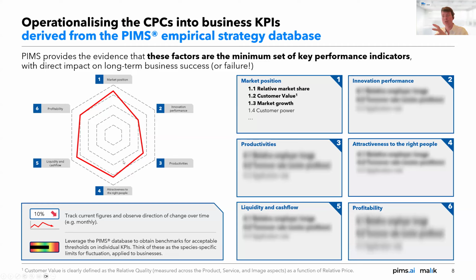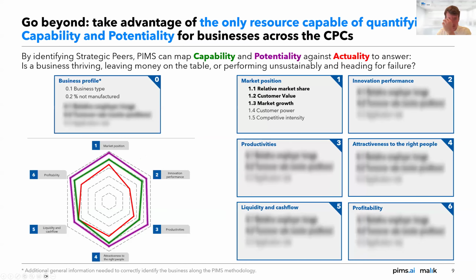But I mentioned what is the point of reference, and I want to get to this now. The step that, to my knowledge and our knowledge, no one else can take is that if we collect some extra business information, just some profile information, like what kind of business are you, how much manufacturing do you actually do, we can actually position your business in the PIMS database.